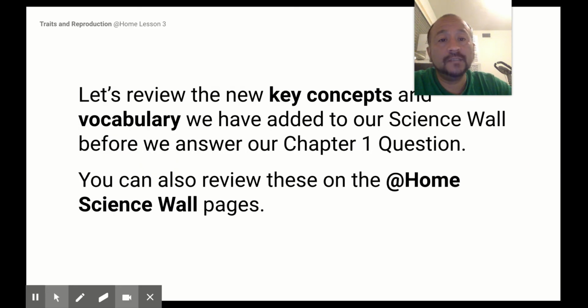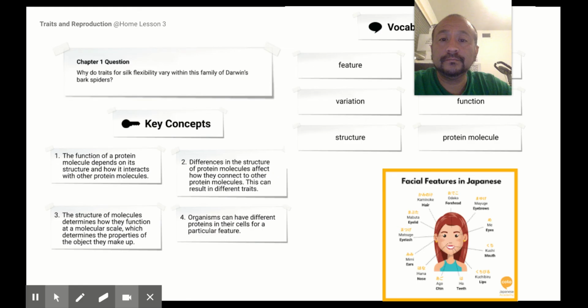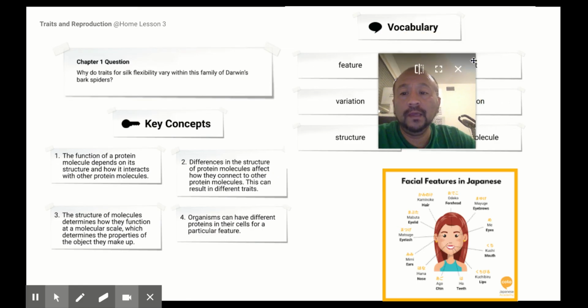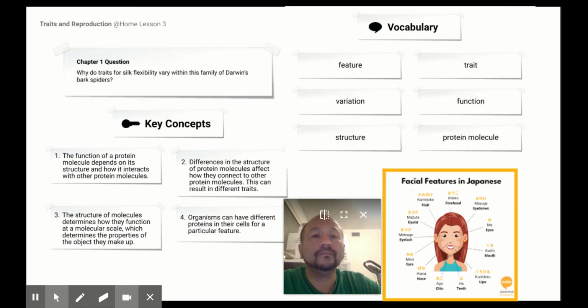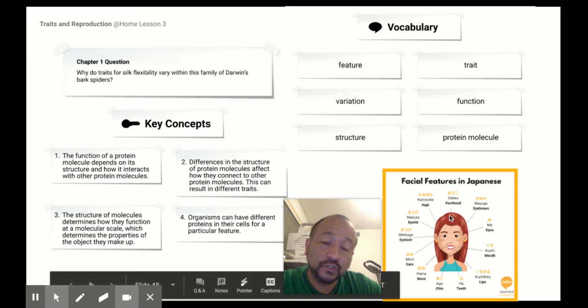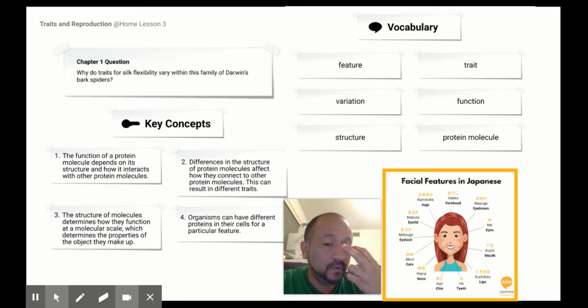And now let's review some concepts. Here are the different concepts that we have talked about, such as feature. Remember when we look at feature? Hair, forehead, 2 eyes, a mouth, a nose, 2 ears, a chin, teeth.